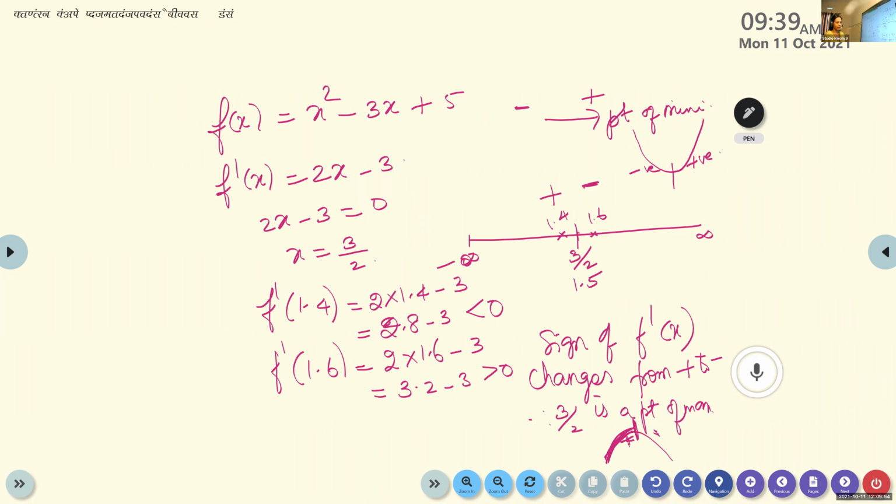What about the sign of f dash of x if it is a point of maximum, or a point of minimum?